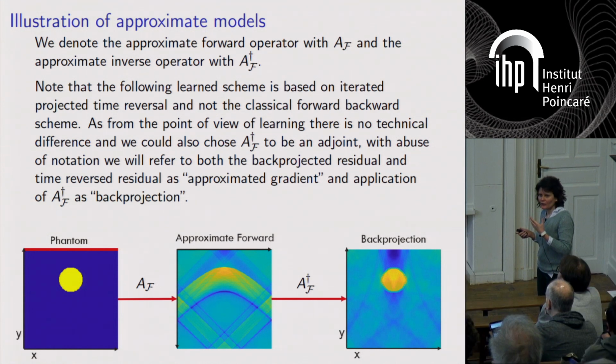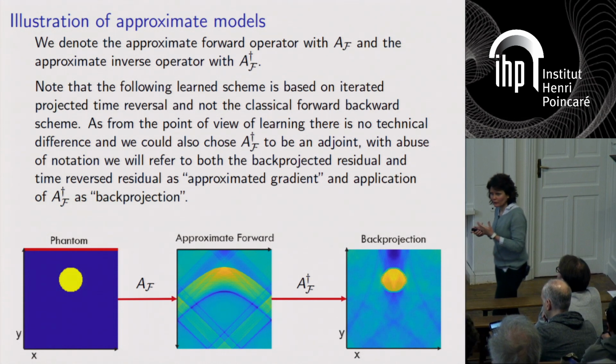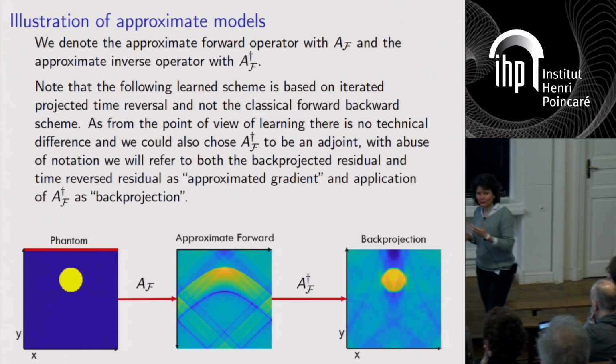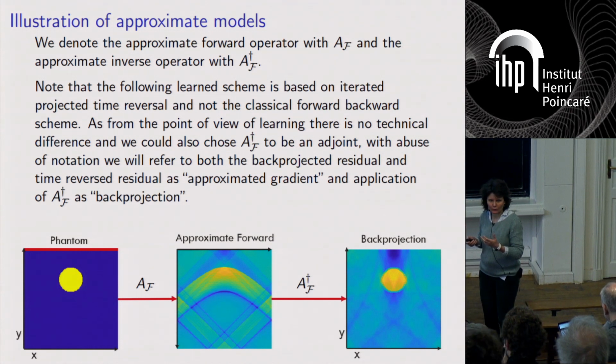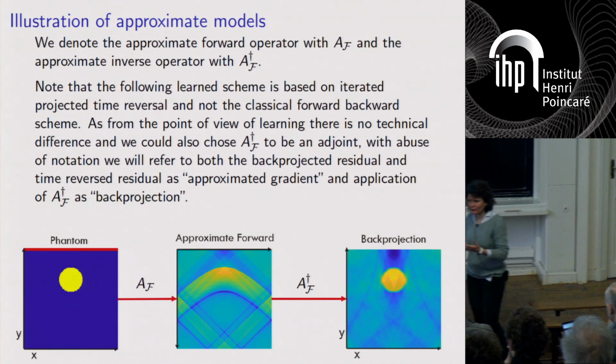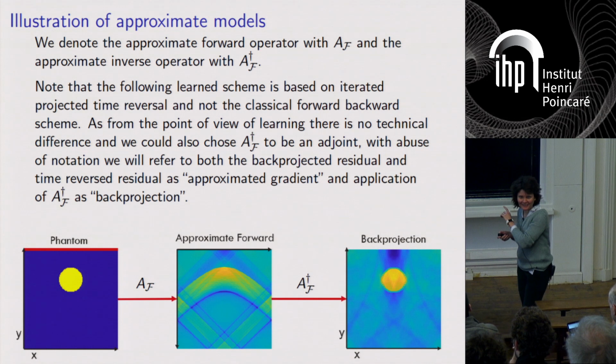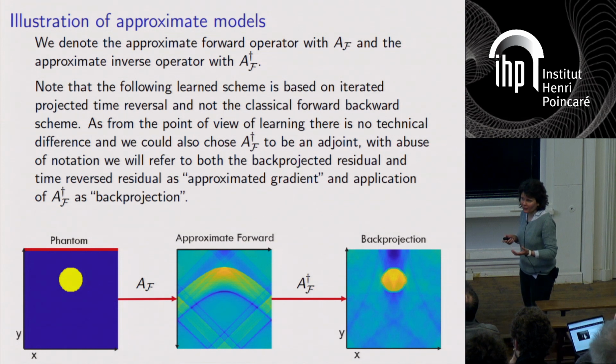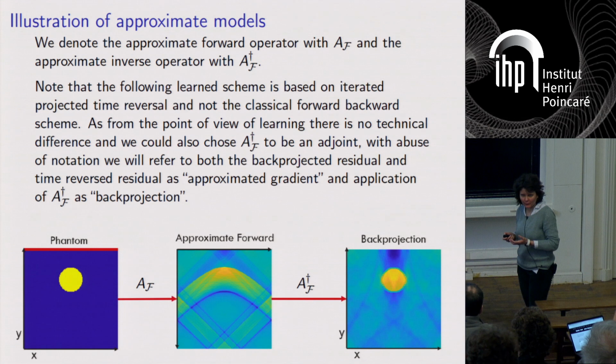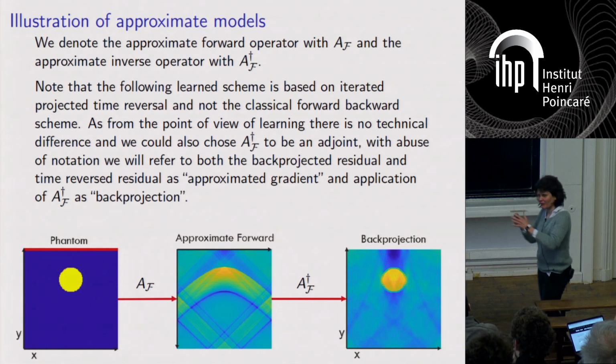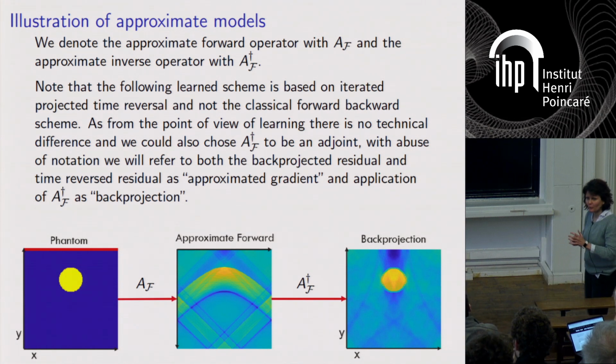But it is the time reversal based method, and you can do exactly the same with the time reversal that you do with the forward backward. So you can imagine that instead of your gradient you back project your residual. If you do that and call it gradient, that is exactly the same method, and it corresponds to taking the gradient of the back projected residual.